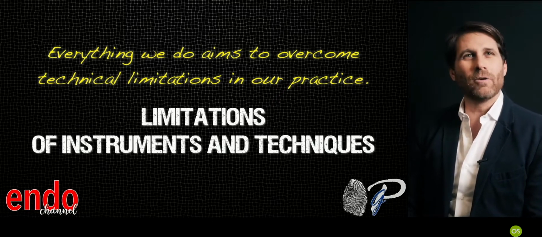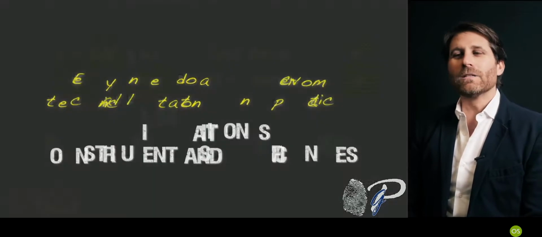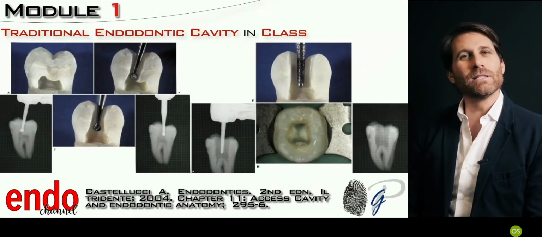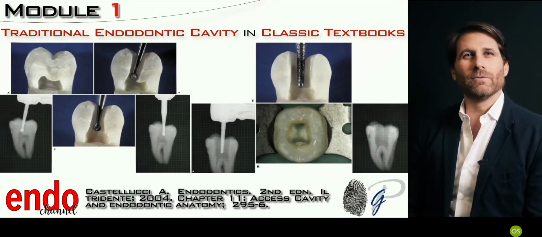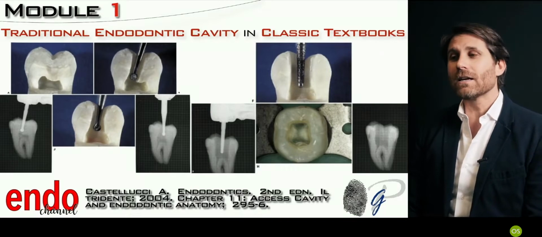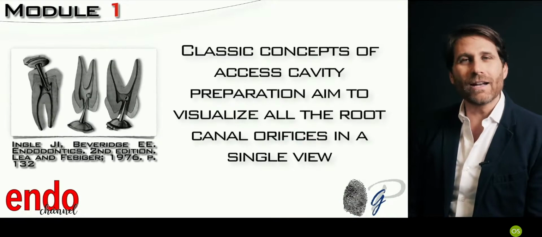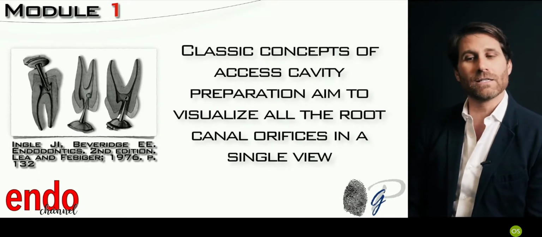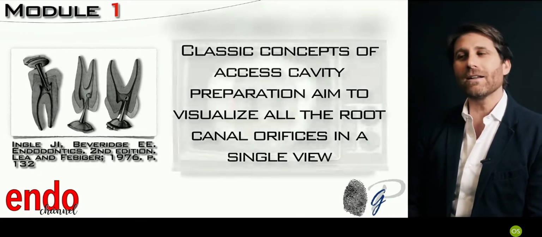When we speak about access cavity, and we speak about the traditional concept of access cavity, as we see in the classic textbook and as we have learned at the university, this classic concept defines an access cavity preparation that aims to visualize all the root canal orifices in a single view, with a predefined outline.